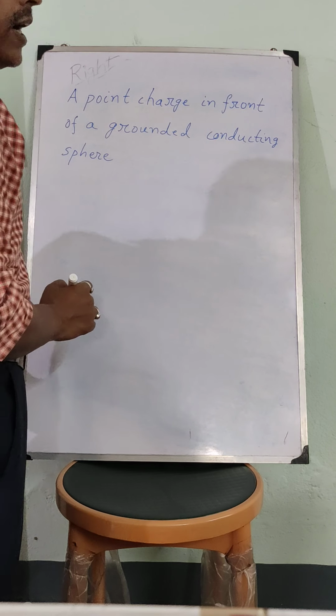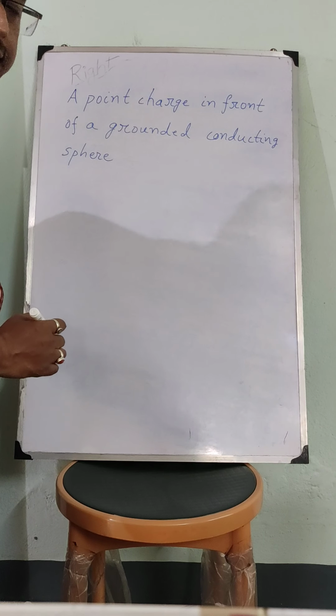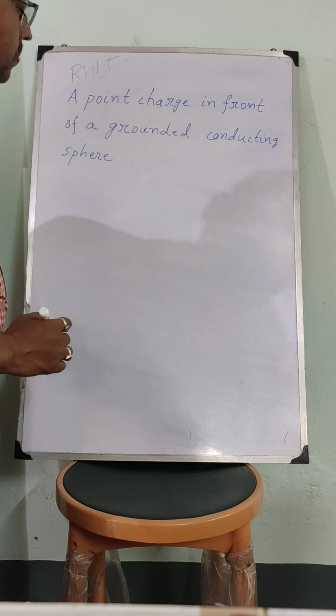Grounded means the conducting sphere is maintained at potential V equal to 0.